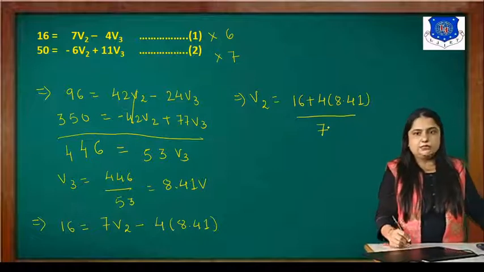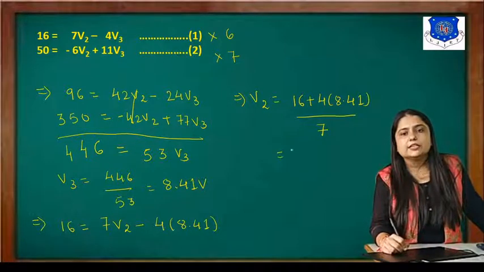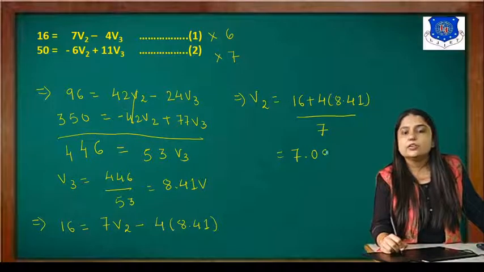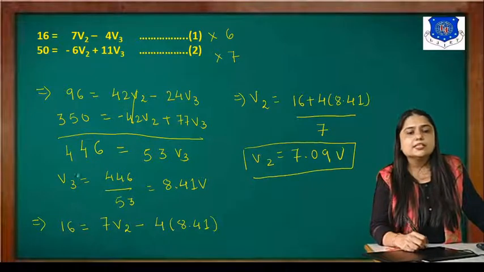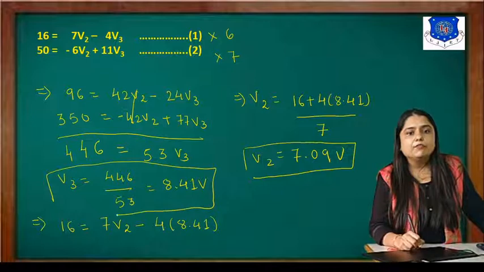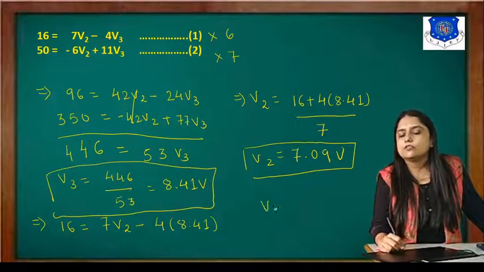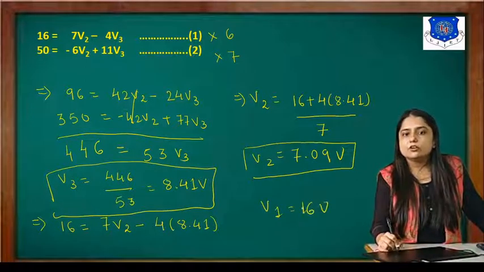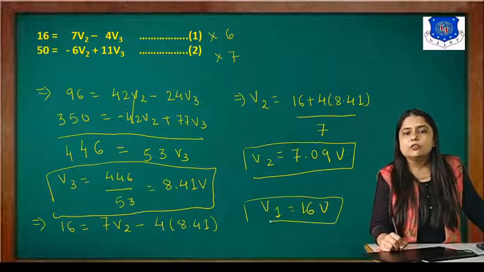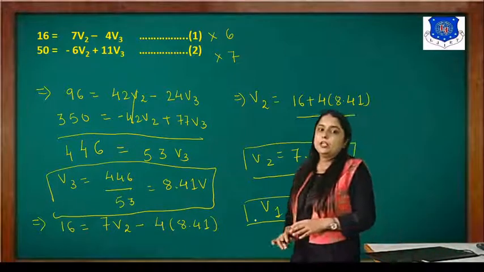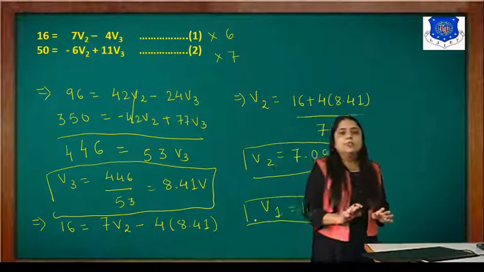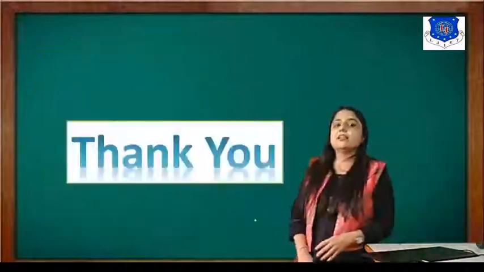When we solve this, we get the value of V2 equal to 7.09 volt. So this is the value of V2 and this is the value of V3, and already we have found the value of V1, that is 16 volt. So this is the way you can solve your example using KCL. I hope this example is clear. Thank you.